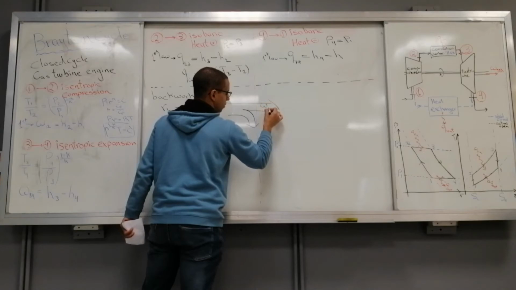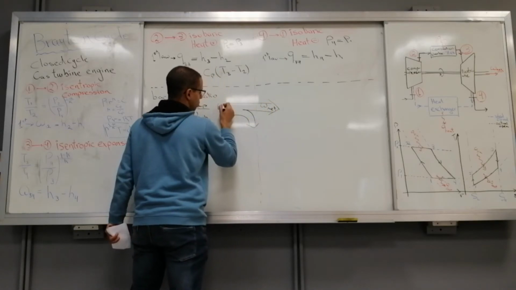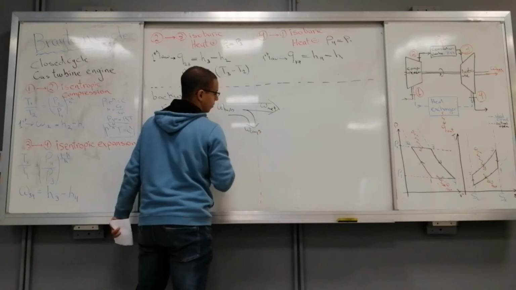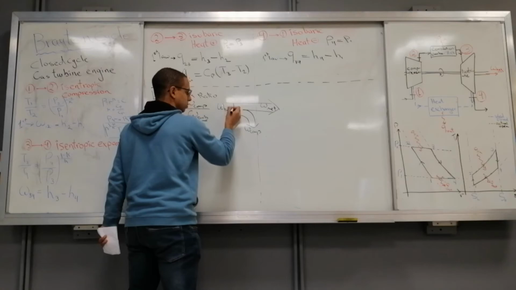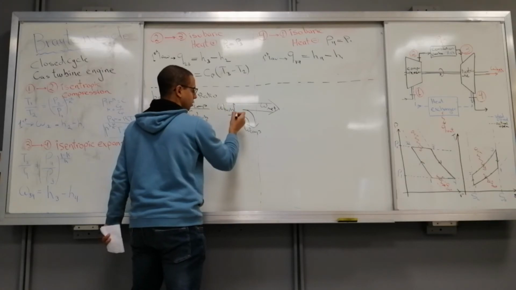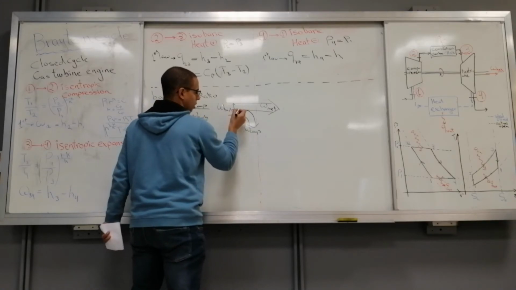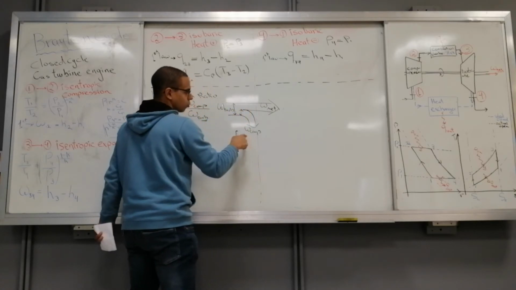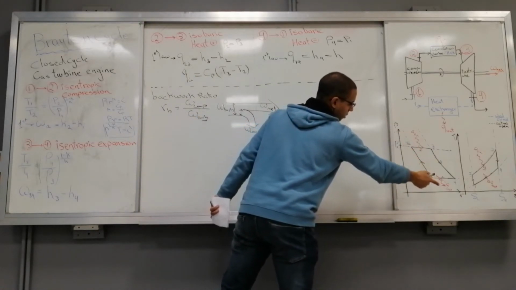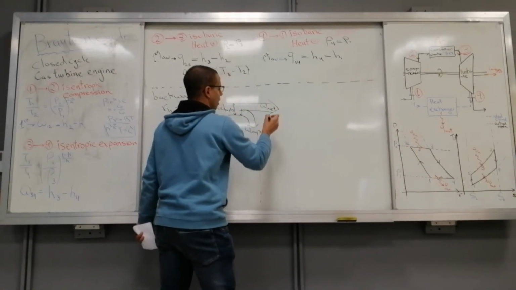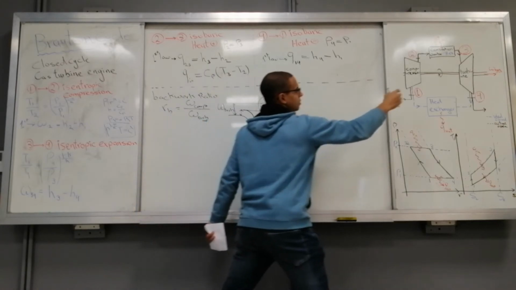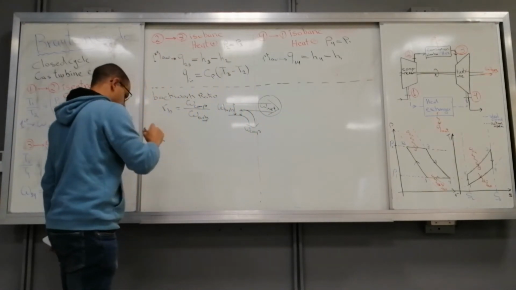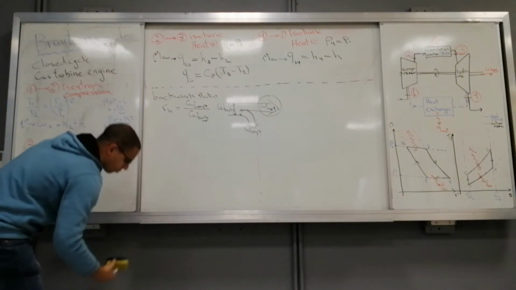This is the work produced by the turbine, and this is the work consumed by the compressor. So all the portion that I'm getting from the turbine is this amount. A part of it is consumed in the compressor in order to compress the fluid from states 1 to 2, and what I get in this shaft output is the net output work. This ratio might be very useful in a while.